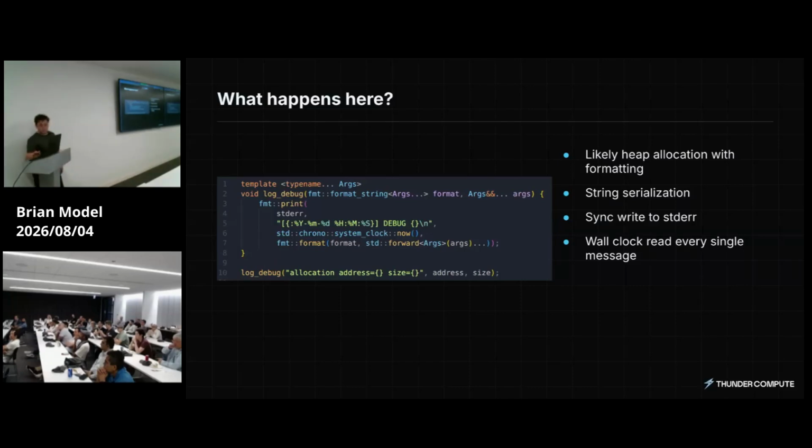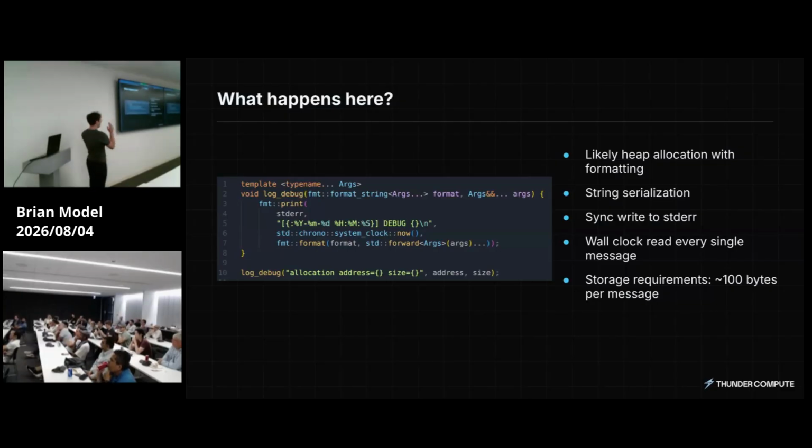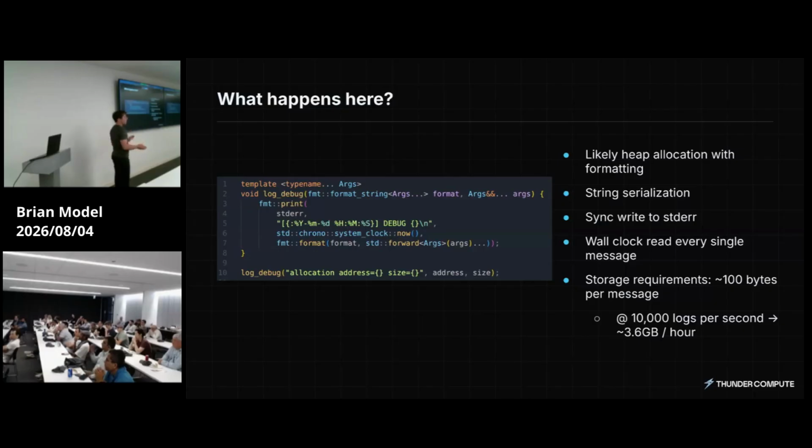Another interesting one, something that surprised us a lot, is the storage requirements for something like this. If you were saving every single one of these messages and running it at, say, 10,000 times per second, which is a reasonable thing to expect, and about the numbers we see in terms of CUDA calls per second, at about 100 bytes each, just over an hour that's 3.6 gigabytes of logs.